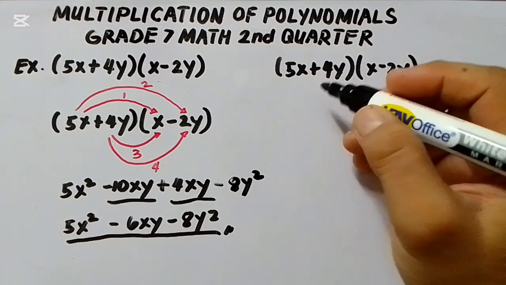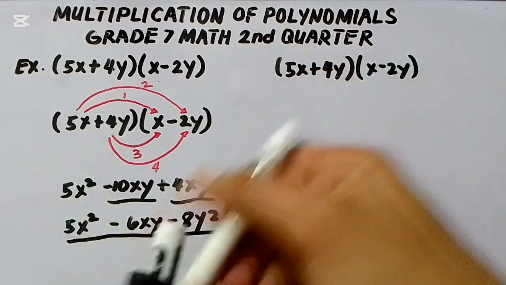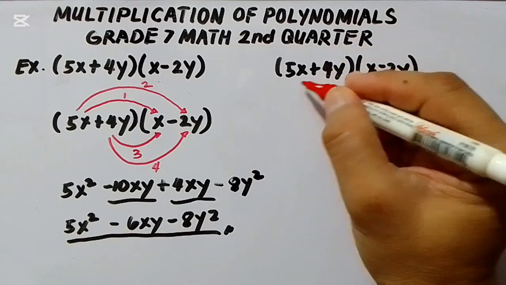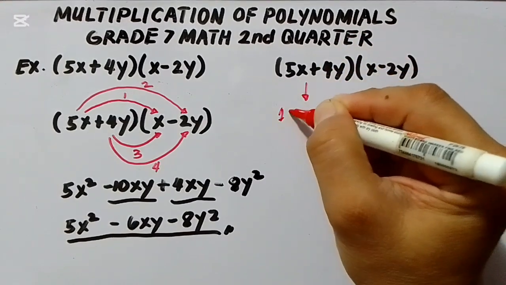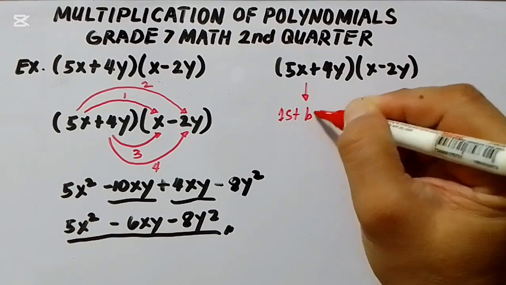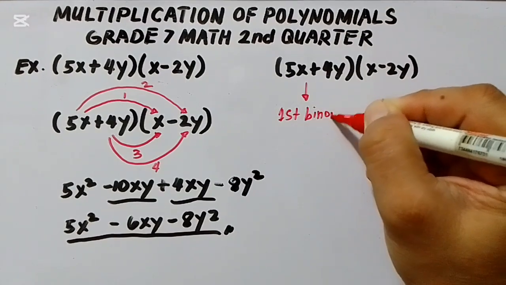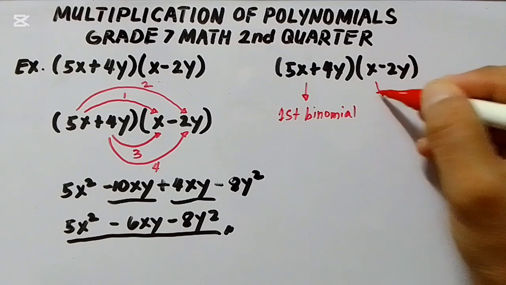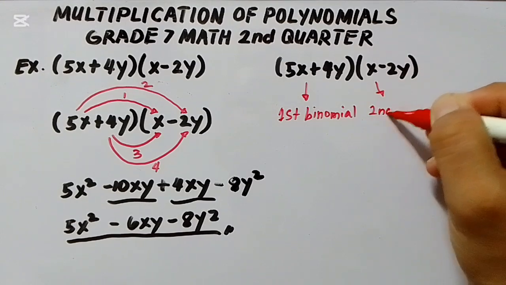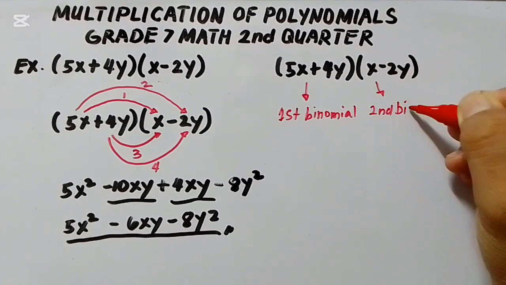Okay. So, i-assume po natin itong first quantity, first binomial, at ito pong second quantity, second binomial.